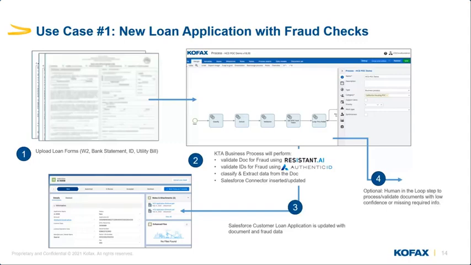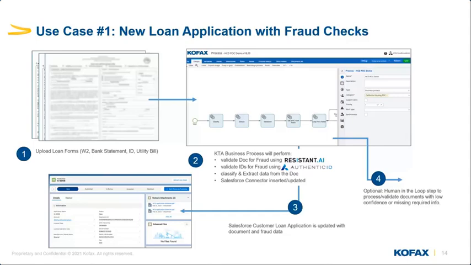And then the Salesforce connector part of this KTA process will insert or update the task that you tell it to within Salesforce, as you can see down in number 3 in the bottom left. The loan application is updated with the document data that has been extracted, as well as the fraud data.